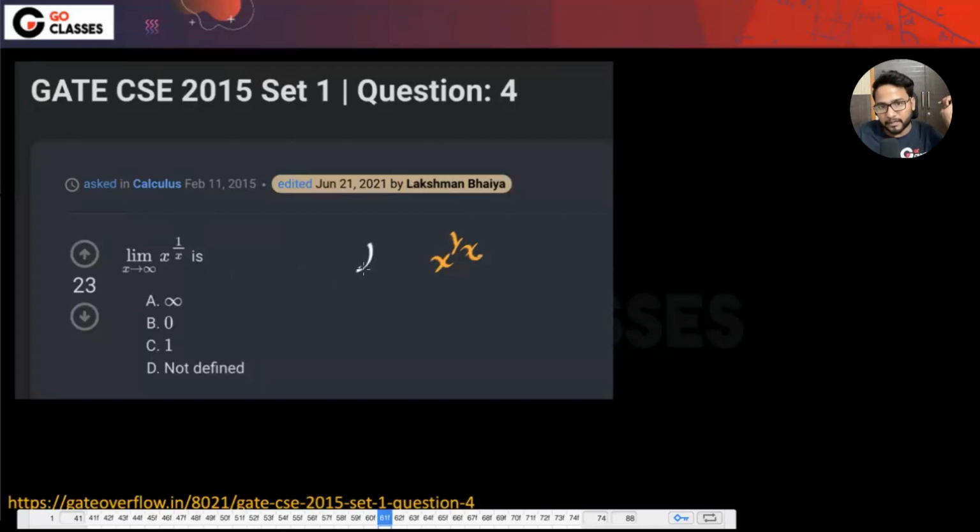So let's suppose this is L, then log of L is basically 1 upon x log x. What is the benefit of this? L is e power this. Okay, L is e power 1 upon x log x.